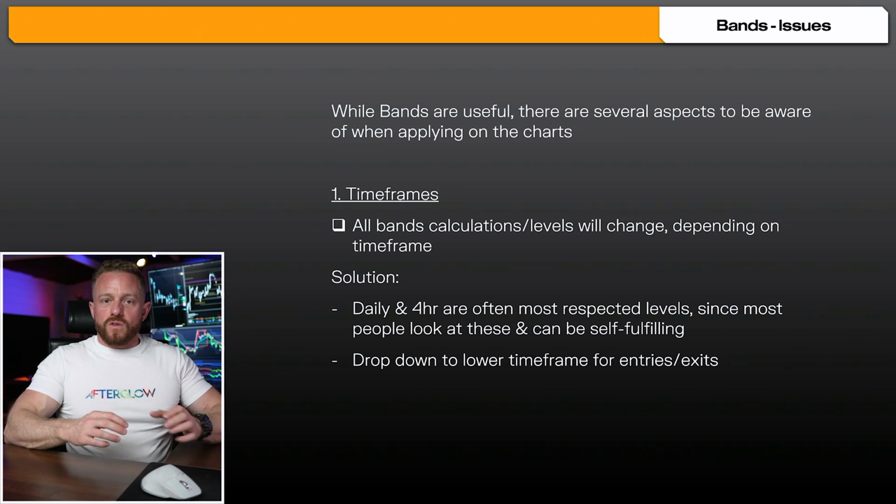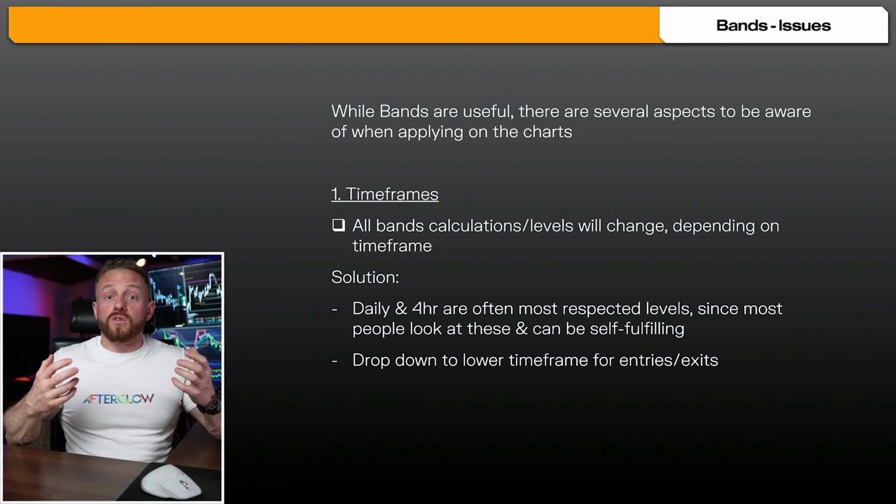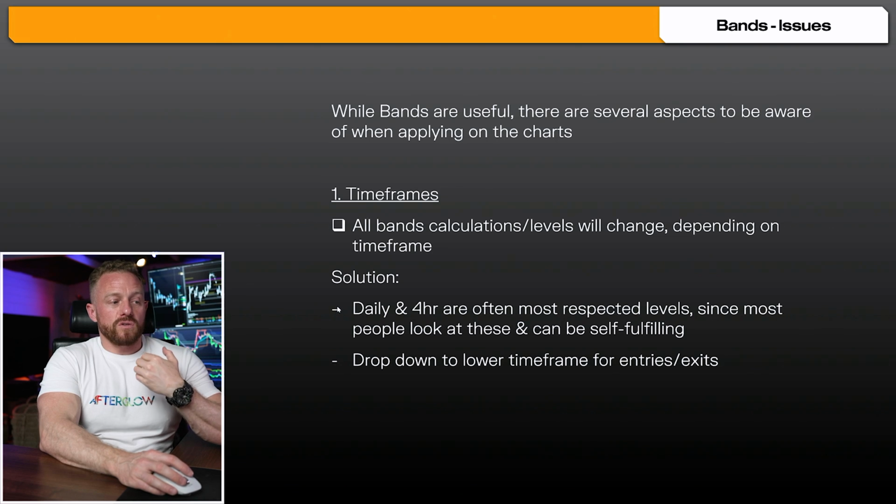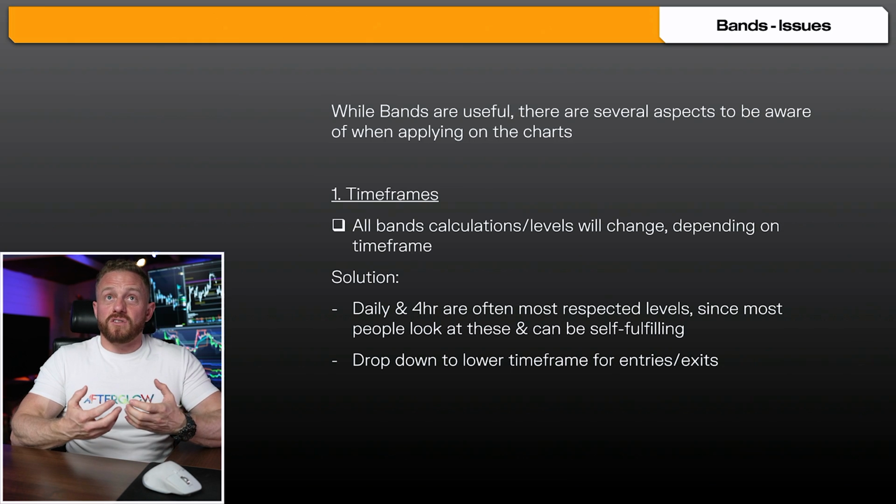So the solution to this, because ultimately there are an endless number of different time frames, I've found that usually the daily and the 4 hour are the most respected levels, because essentially that's what everyone else is looking at. So it can be a little bit self-fulfilling.